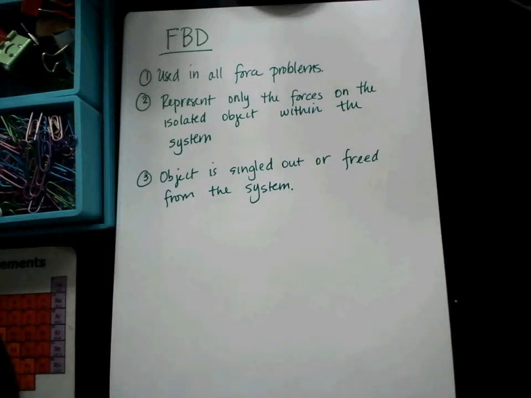So let's say I'm going to make a system. It's going to be a little system. Actually, this is the whole system, my whole desk with all the junk on it. I'm going to single out the book. That's all I'm going to worry about.